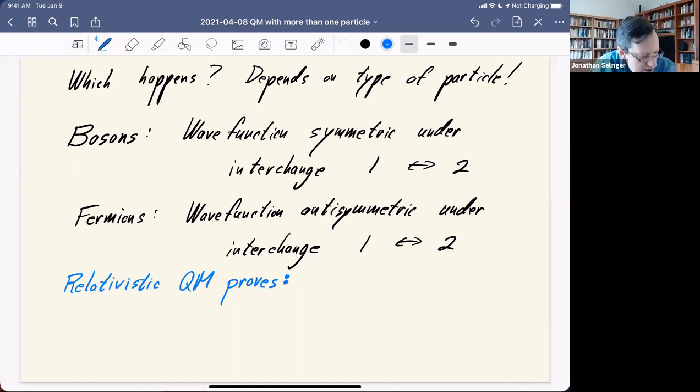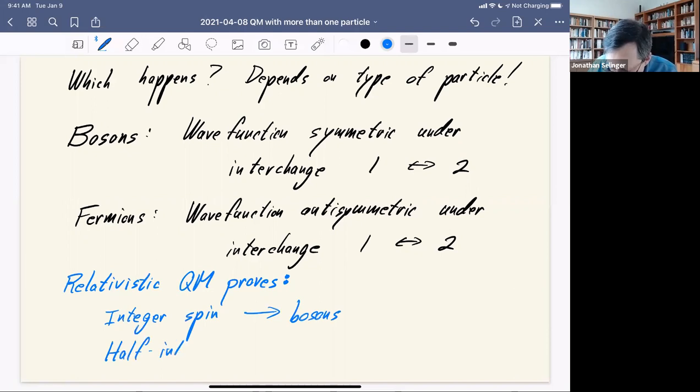The proof is that the distinction of boson versus fermion depends on the spin of the particles. That is, if you have an integer spin, then you get bosons. And if you have a half integer spin, you get fermions.